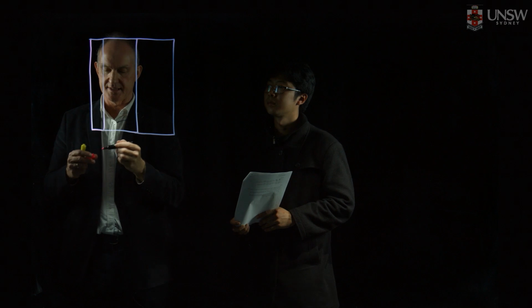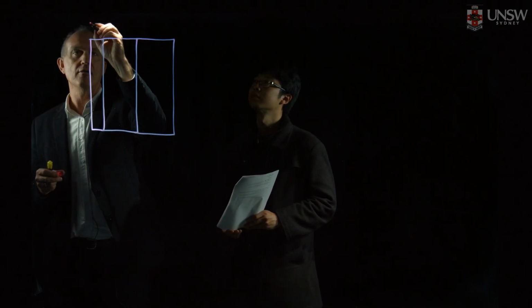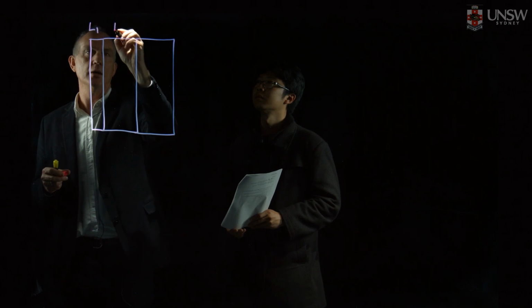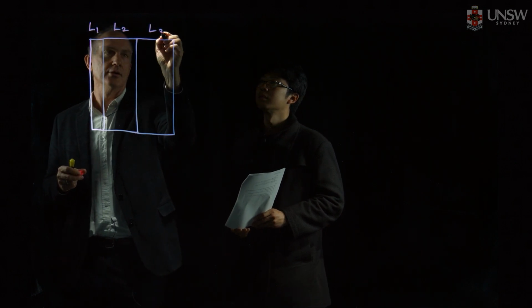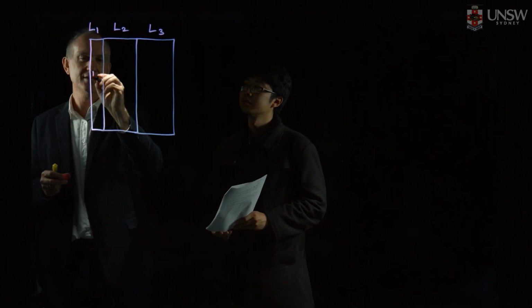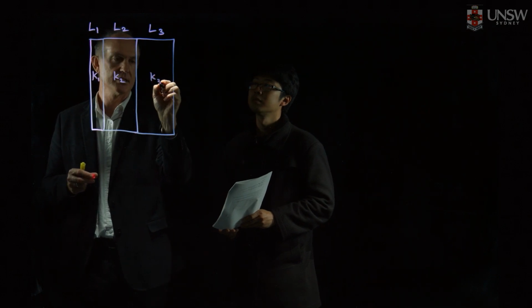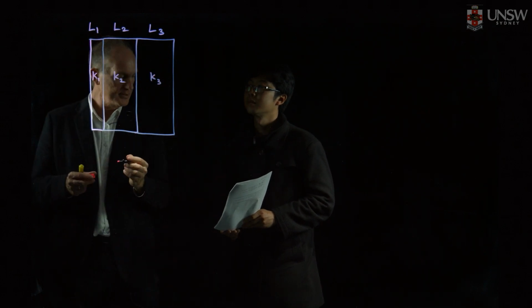We won't specify exactly what those materials are. We just want to say that they might have thickness L1, L2, L3, and thermal conductivity K1, K2, K3. So this is a very general treatment.